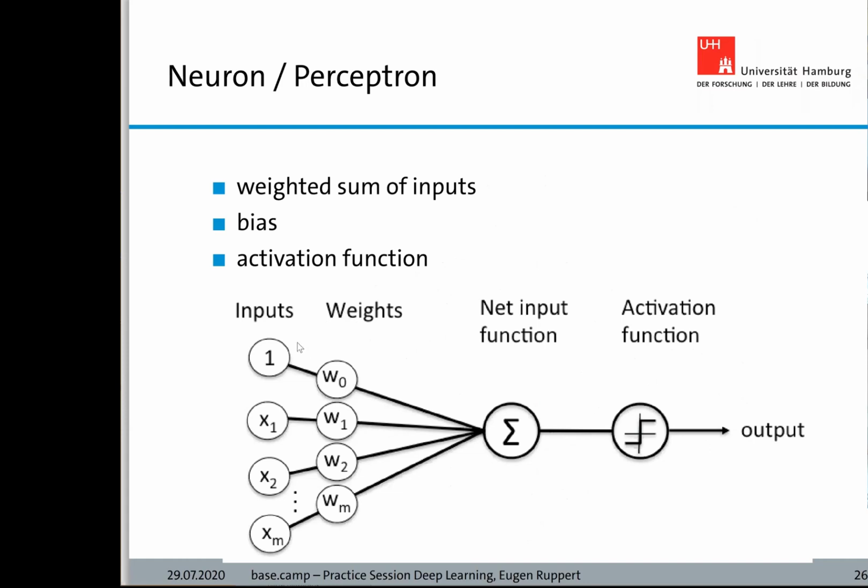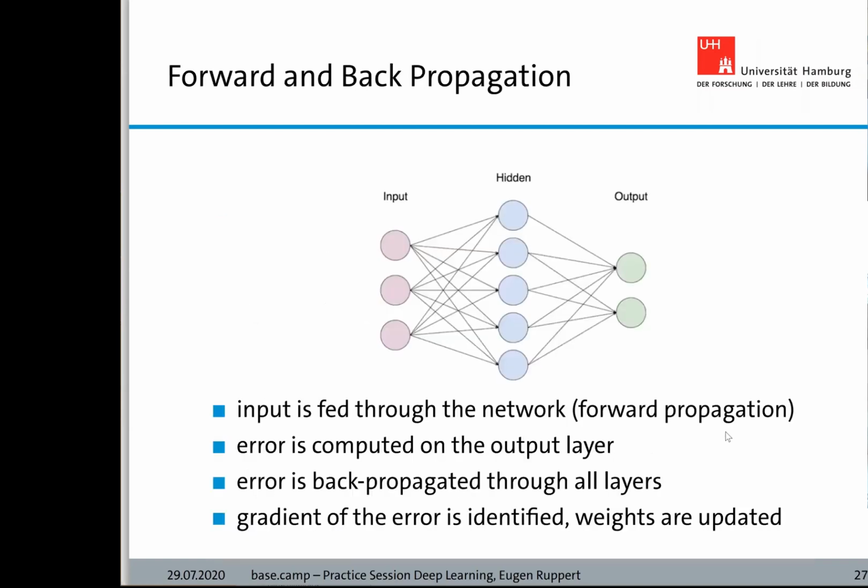You also have this bias weight here, like an initial activation that's always there. After you've summed up all of them, you put this result into the activation function, and this would be the activation of your neuron.